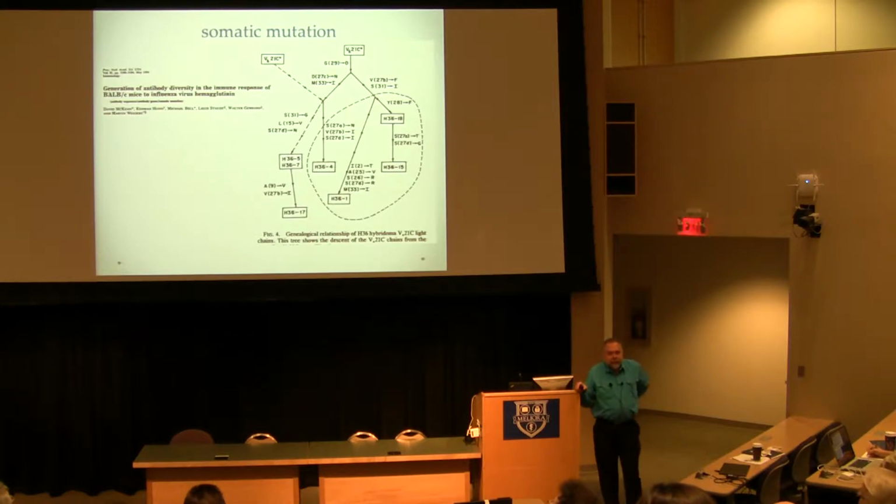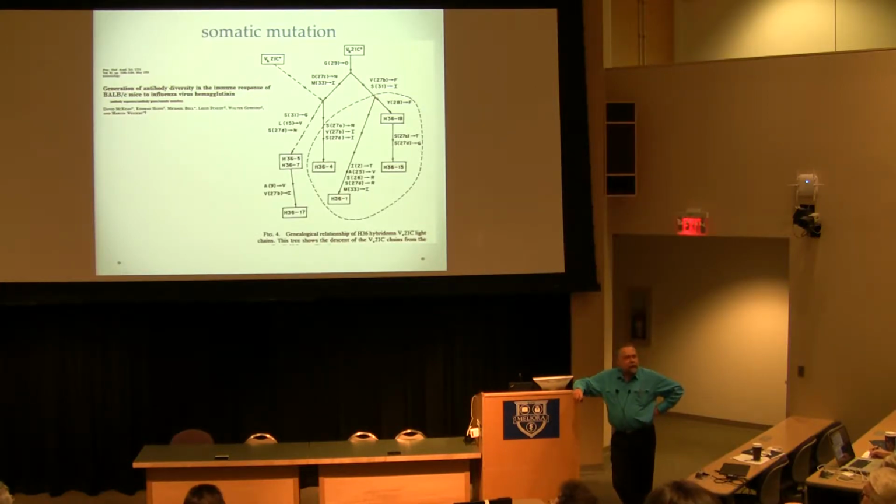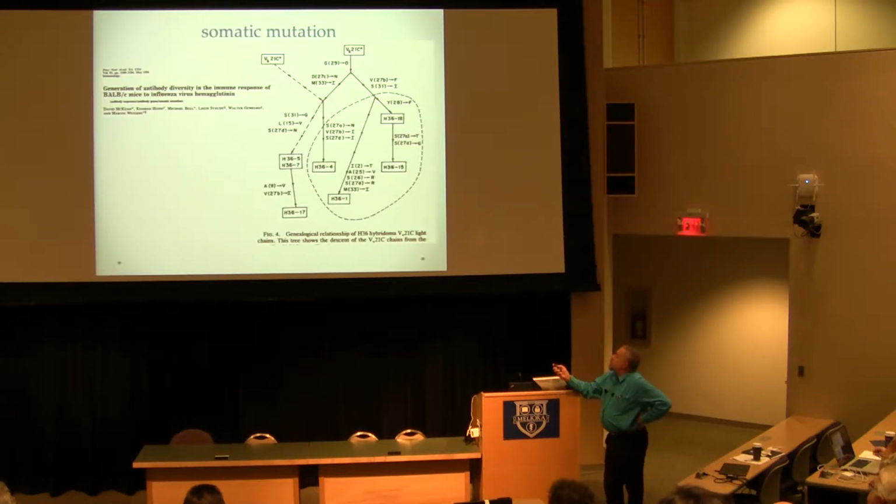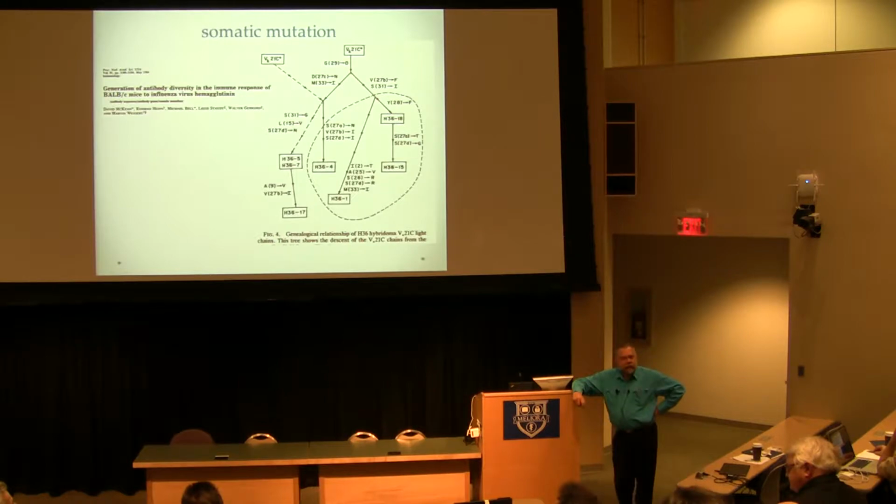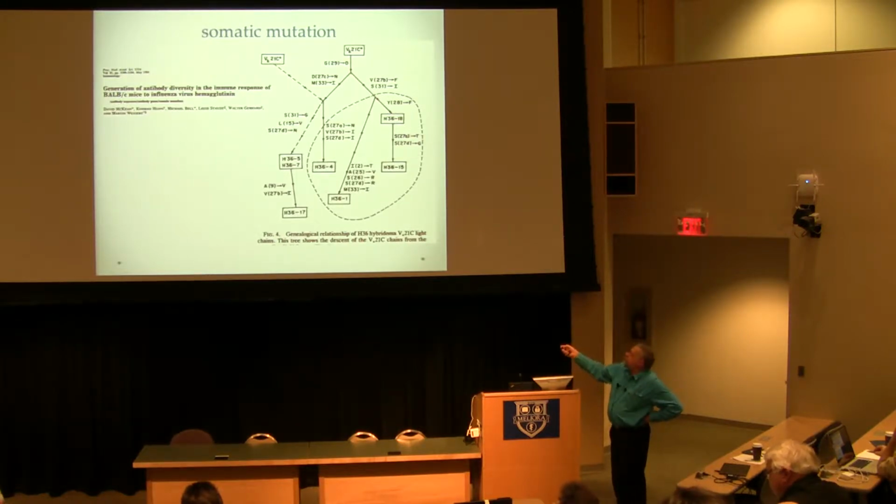Twenty years after Eisen and Siskind had shown that there is such a thing as affinity maturation, Martin Weigert and his colleagues, studying the kappa light chain in mice, made the observation that they could take the kappa genes that they induced by immunization in a mouse and derive them all from a single germline version of a kappa chain by introducing point mutations, and they would get a nice tree structure like this.